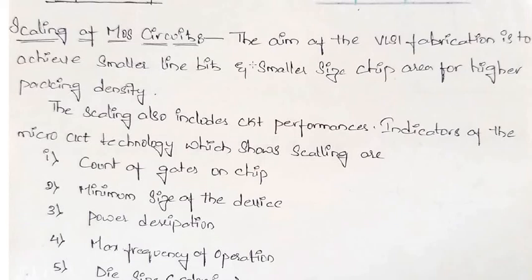The parameters indicating all these things are the count of gates, the sizes of the devices, the power dissipation of all the components fabricated on a particular IC, the maximum frequency of operation, and the size of your die, nothing but your IC.